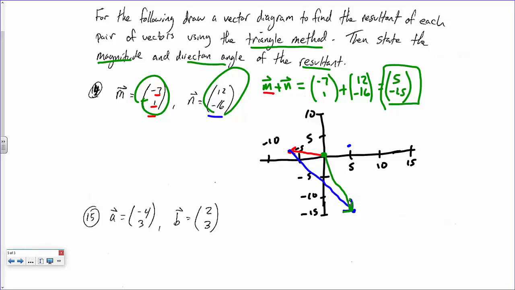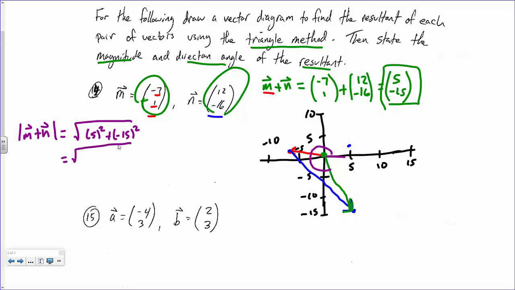The magnitude is the length of this green vector, and the angle, starting from standard position, is going to be all the way around here. That's what this angle is. It's quite dramatic. So let's find the magnitude first. That'll be pretty straightforward. The magnitude of m plus n, that resultant vector, is the square root of 5 squared plus negative 15 squared.